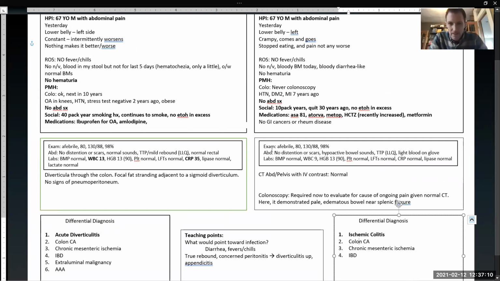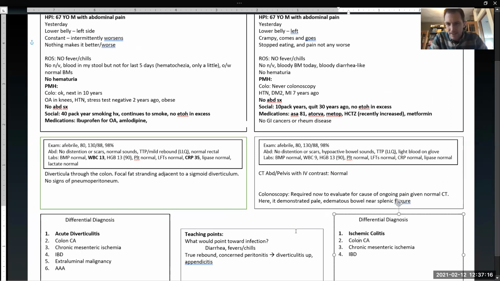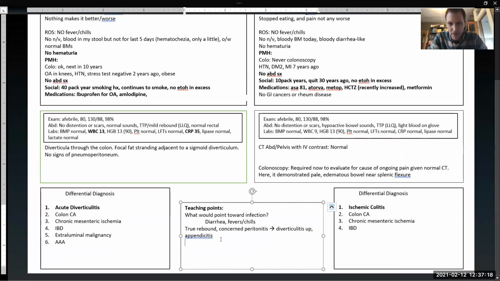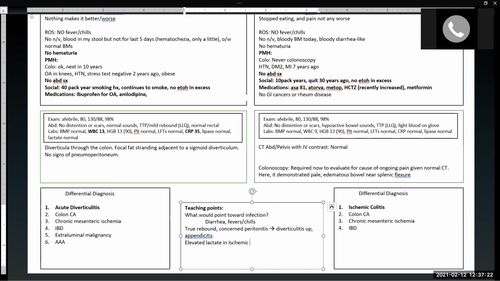Yeah, and in fact, an elevated lactate is a late finding, and so by the time you're getting a lactate back that's 6, 7, 8, 9, we're already kind of behind the eight ball a little bit. So we want to make that diagnosis early in its phase, and then start appropriate treatment.